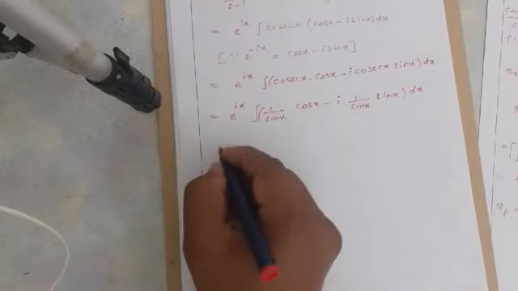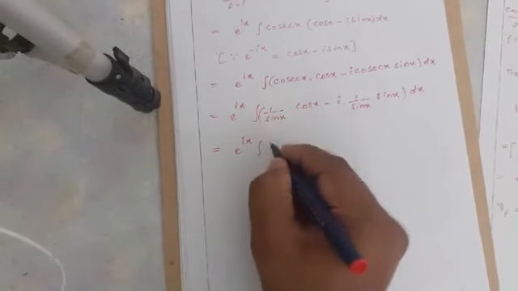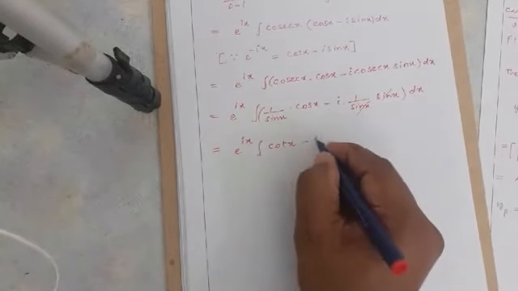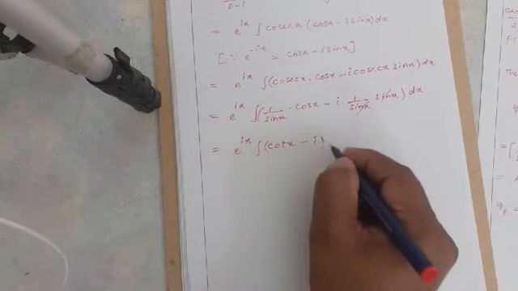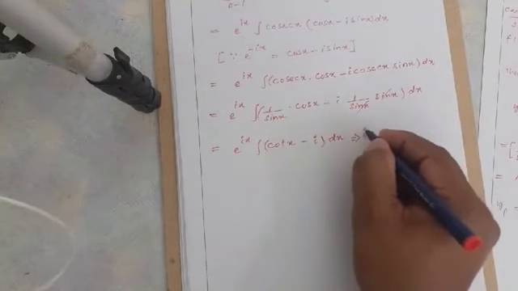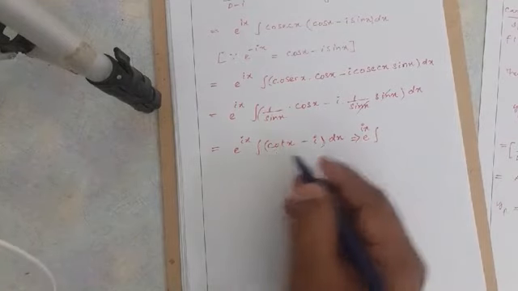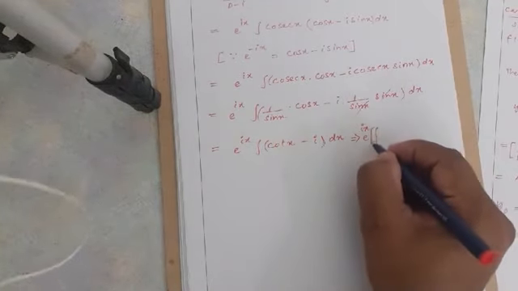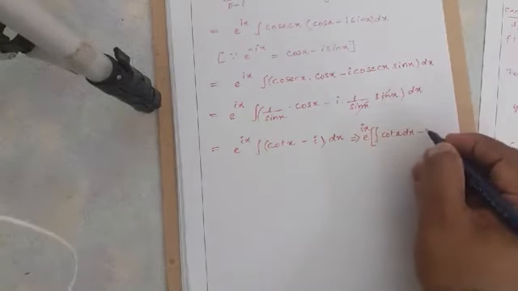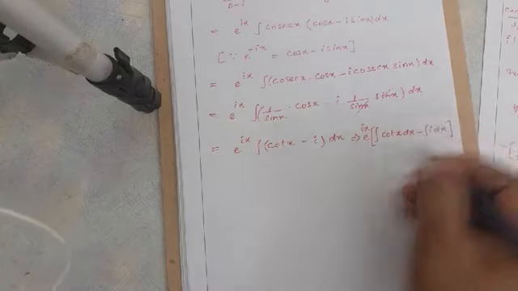Now in the next step this is equal to e power ix integral of cos x by sin x, which is nothing but cot x, minus, you can cancel sin, you get i, in bracket dx. Now this is equal to e power ix integral, here we write separately: I put the bracket here, cot x dx minus, I write integral of i dx, just close the bracket now.